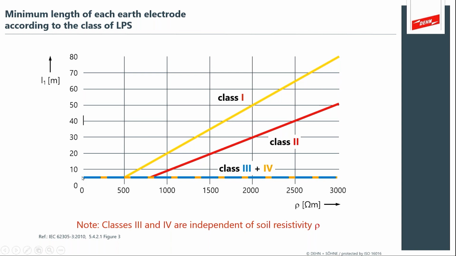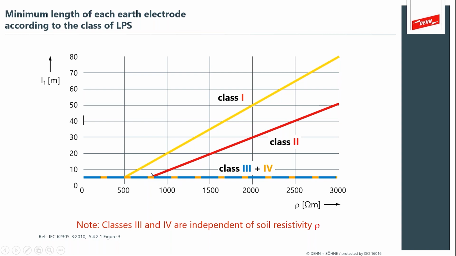So in this chart, you see that it's essentially a 5-meter earth electrode contact. So when you're designing your earthing system, you first look at the soil resistivity. So of course, if you're in a dry, rocky soil, it might have a very high soil resistivity.